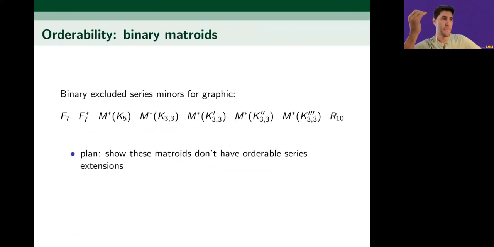If I've got a binary non-graphic matroid, then it's got to have one of these as a series minor. So if a non-graphic matroid was orderable, it would have to have an orderable restriction, which was a series extension of one of these matroids right here. So long as I can show that these don't have orderable series extensions, then I win. Binary plus orderable will indeed imply graphic.